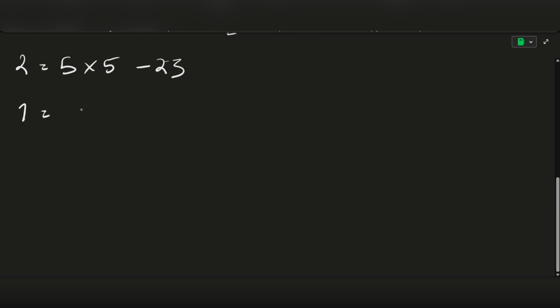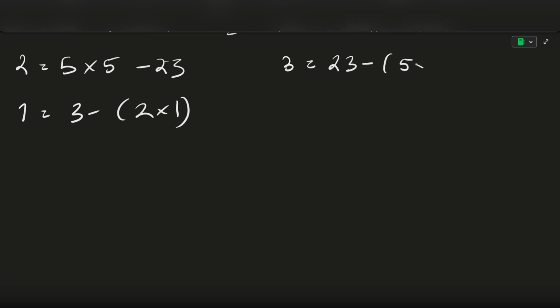This was 1 is equal to 3 minus 2 times 1. And of course we need our original equation from up top, which was 3 is equal to 23 minus 5 times 4. So we input this into here, and we also input this one into there.